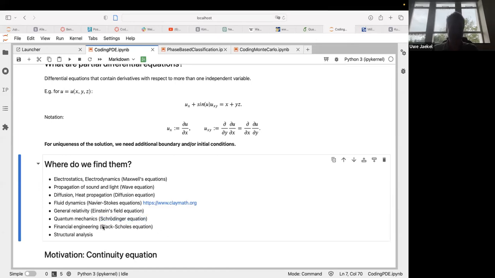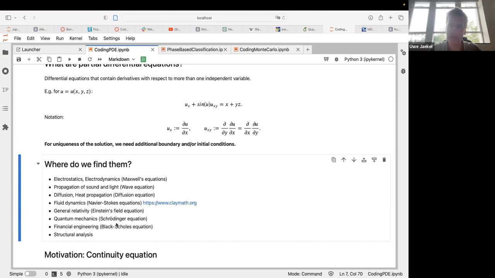In financial engineering, you have the Black-Scholes equation. Basically, this is very similar to the diffusion equation, but in a completely different context. There you don't talk about diffusion of matter or heat propagation, but the interpretation is the price of an option.